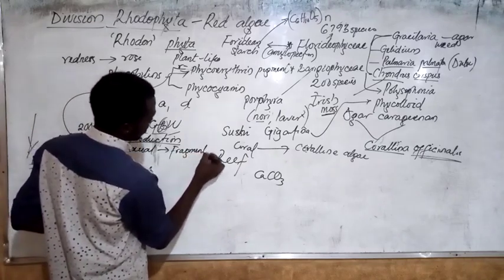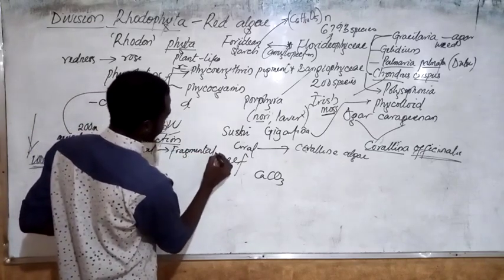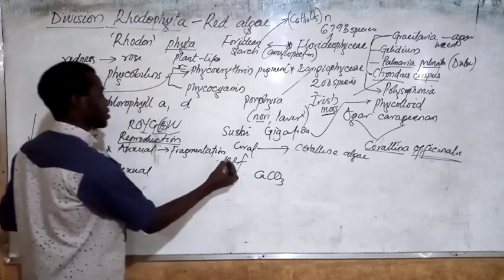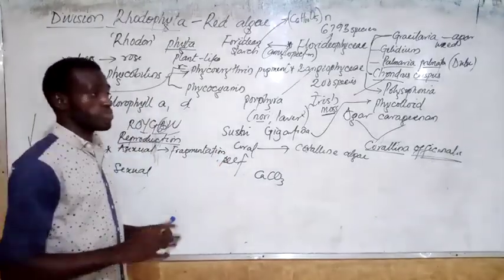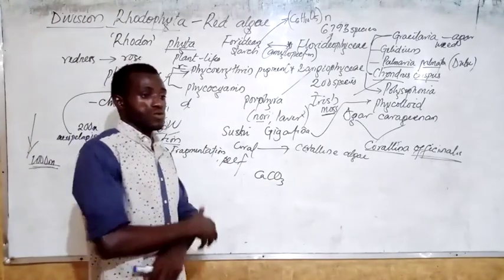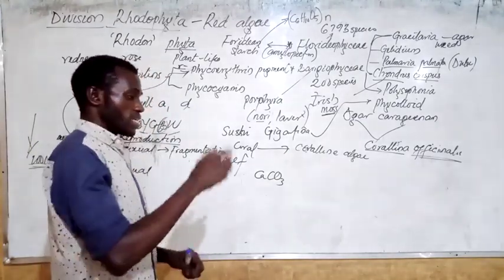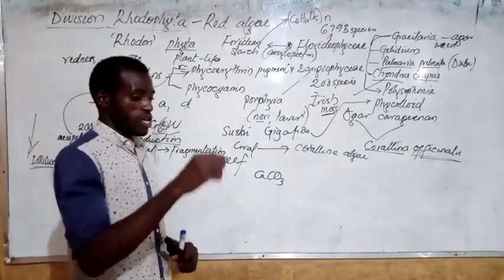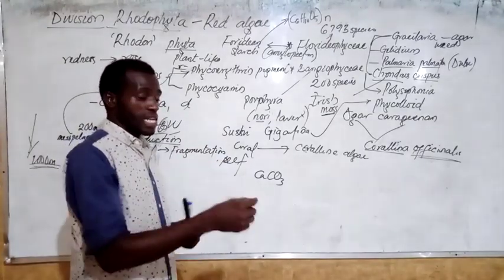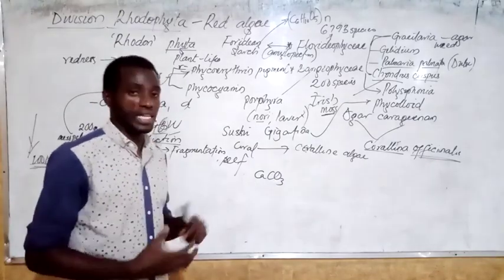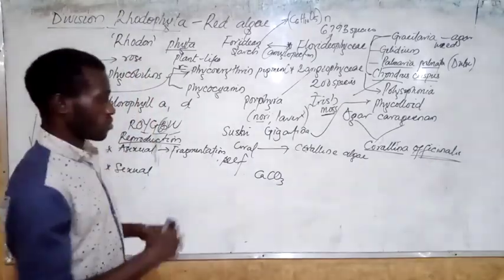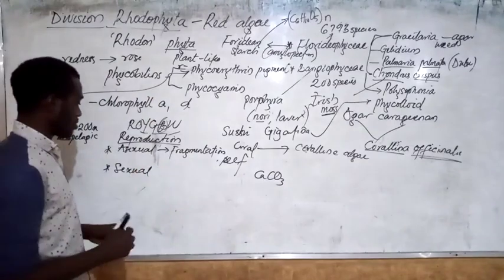So if you remember, in the beginning of algae, when we were introduced to algae, I told us about fragmentation. Fragmentation is basically the breaking off of the entire plant, which is called the thallus. So the breaking off of that plant in the water, and when it lands on another substrate it begins to germinate again into a new plant, is called fragmentation. So the fragment breaks off and then begins to germinate new ones.